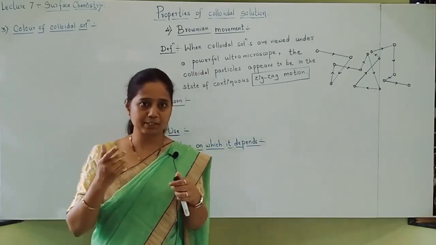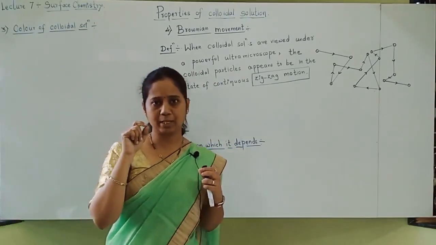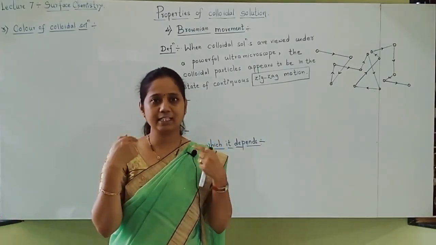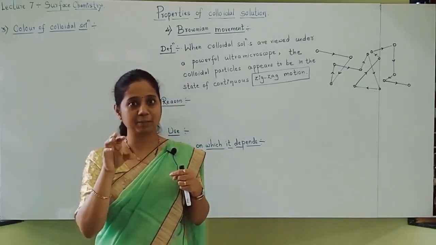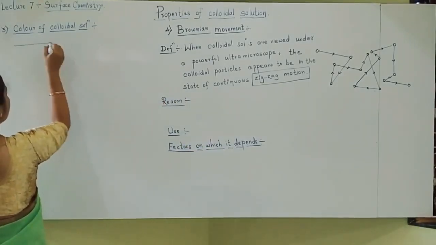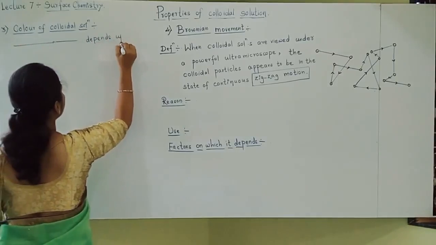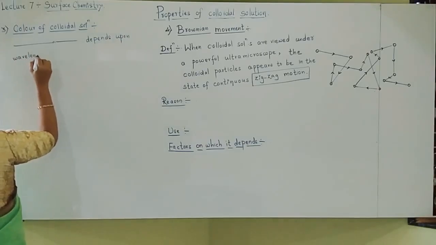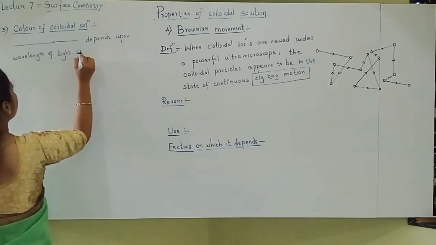Let us understand what the color of the colloidal solution depends upon. A color depends upon what light the receiver receives. So it depends upon the wavelength of light scattered by the colloidal particles. Here I am writing: color of the colloidal solution depends upon the wavelength of light scattered by the particles.